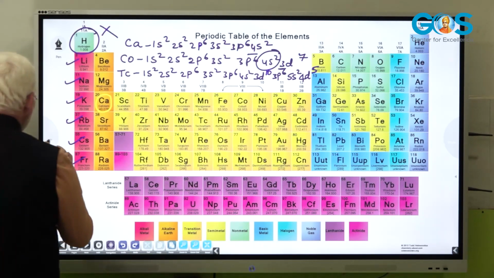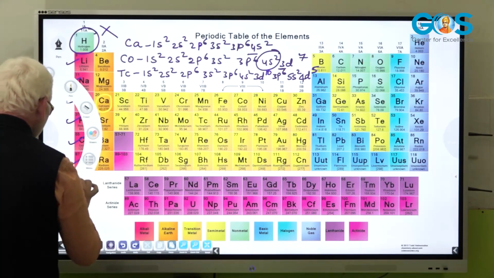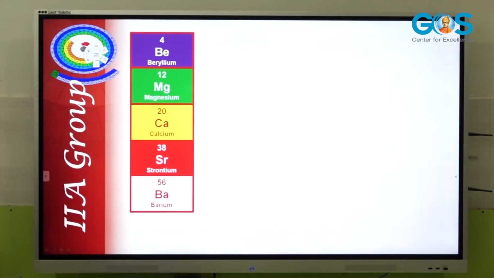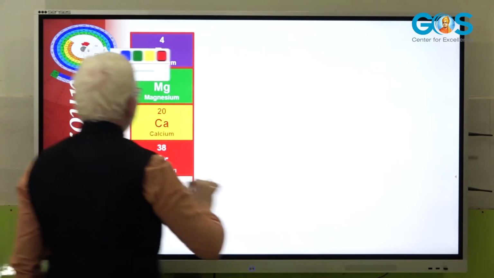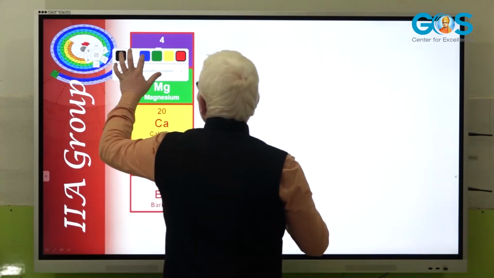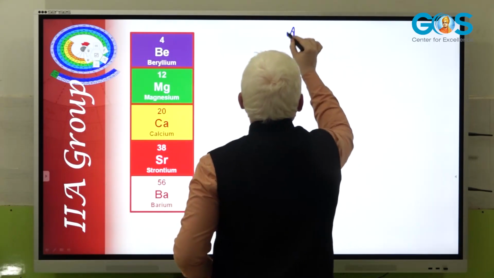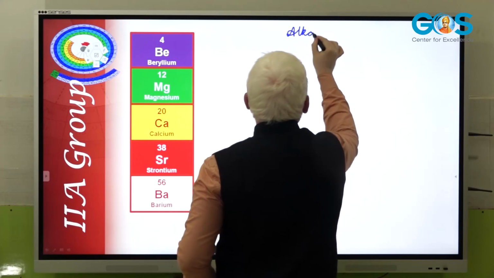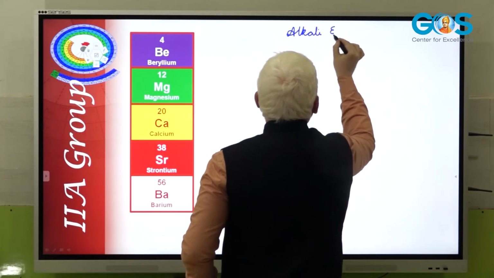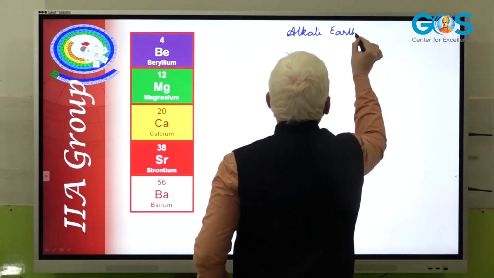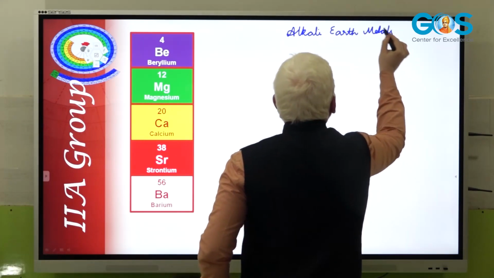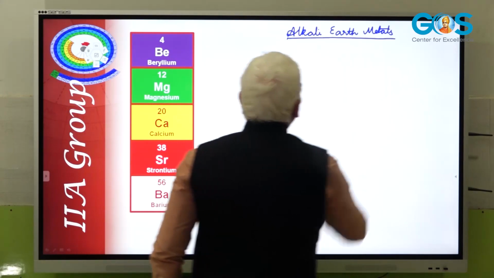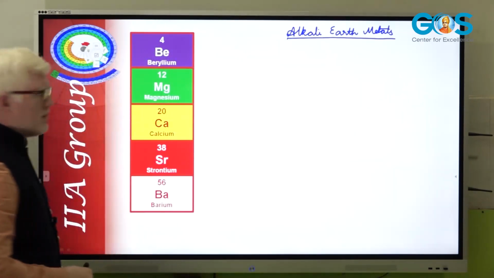Now let us discuss some more information about 2A group elements. 2A group elements are also known as alkaline earth metals.